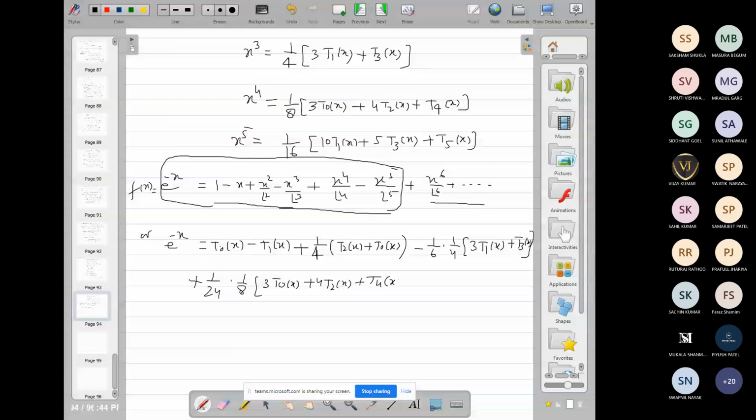And x to power 5, minus 1 by factorial 5, so this will be 5 into 24, that is 5 into 24 into 1 by 16, into (10t1x + 5t3x + t5x).